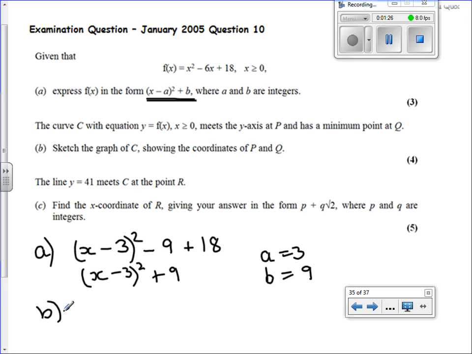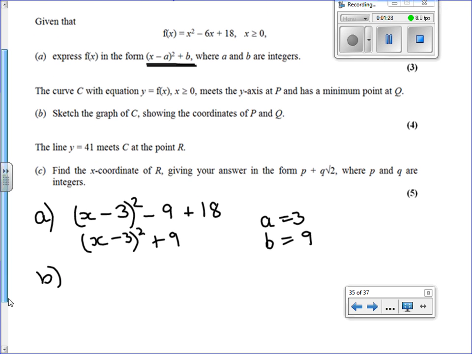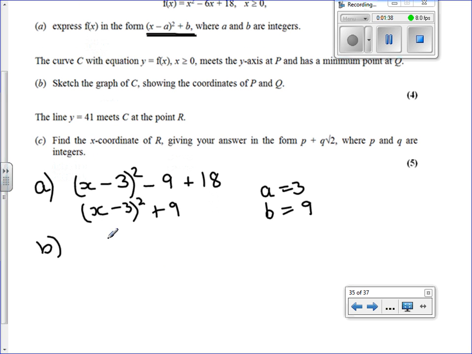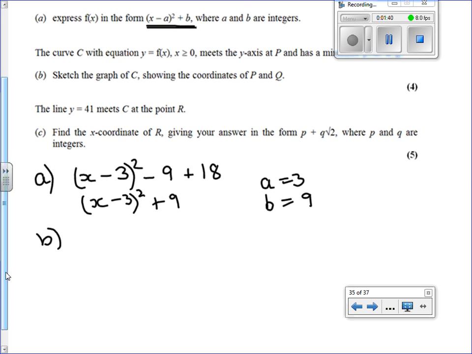In part B, we're told that this curve meets the y-axis at point P and has a minimum point at Q. So we need to sketch the graph showing these coordinates. Now, because we've already completed the square in part A, it makes it much easier to sketch now.